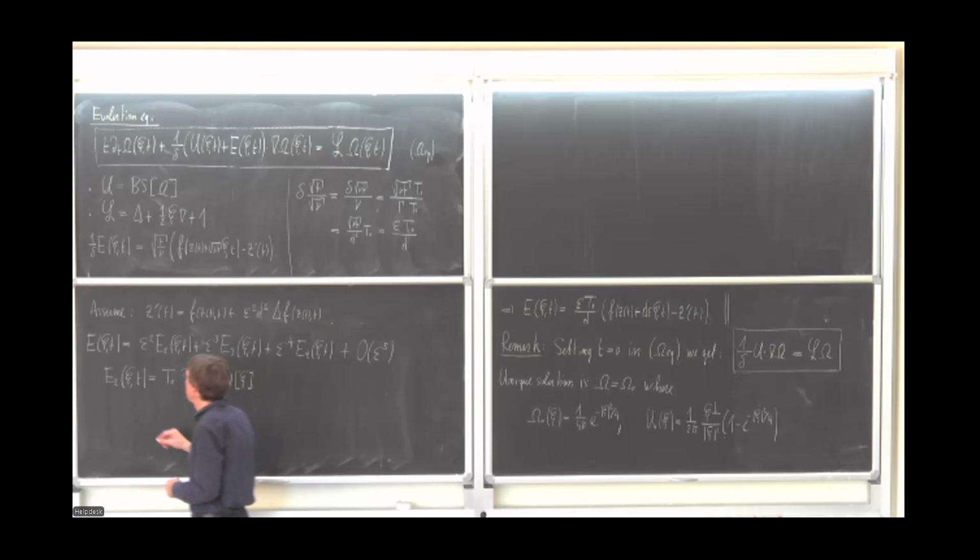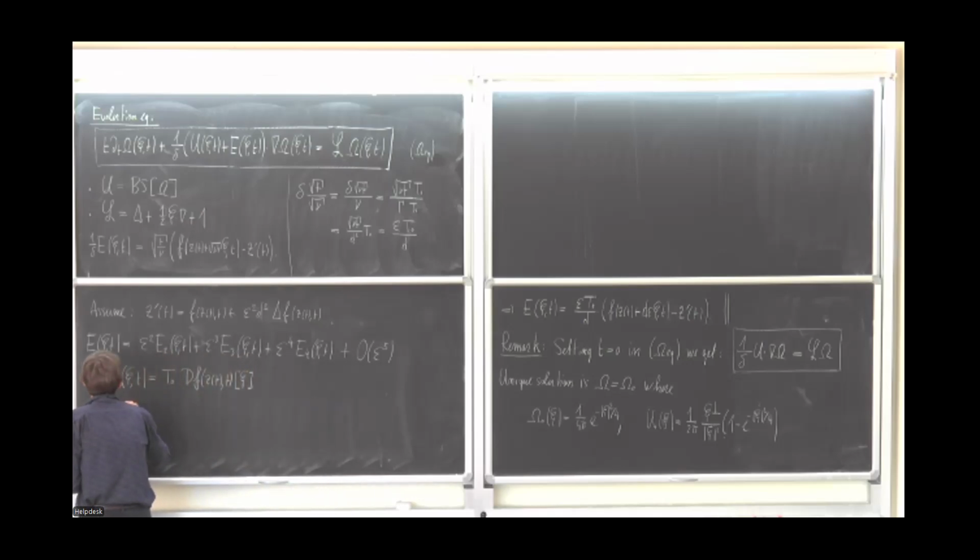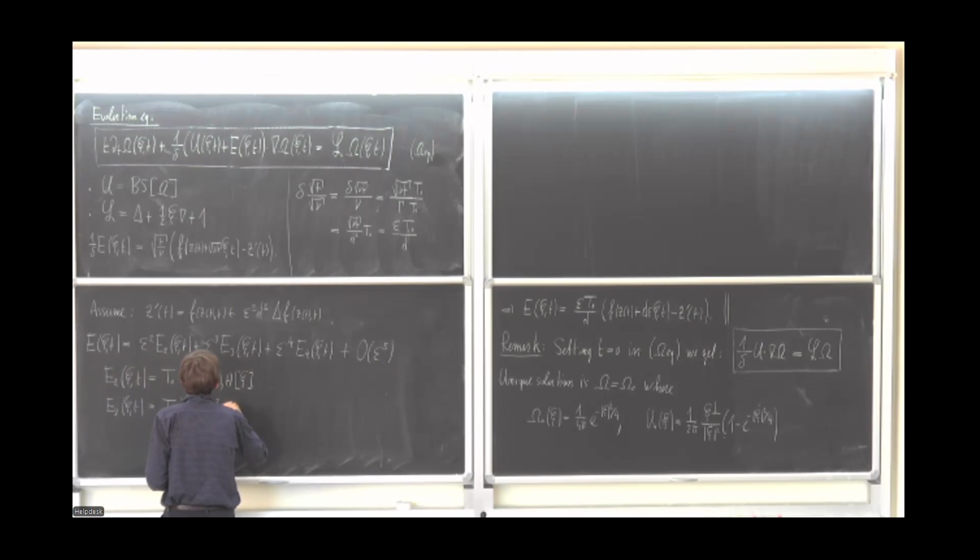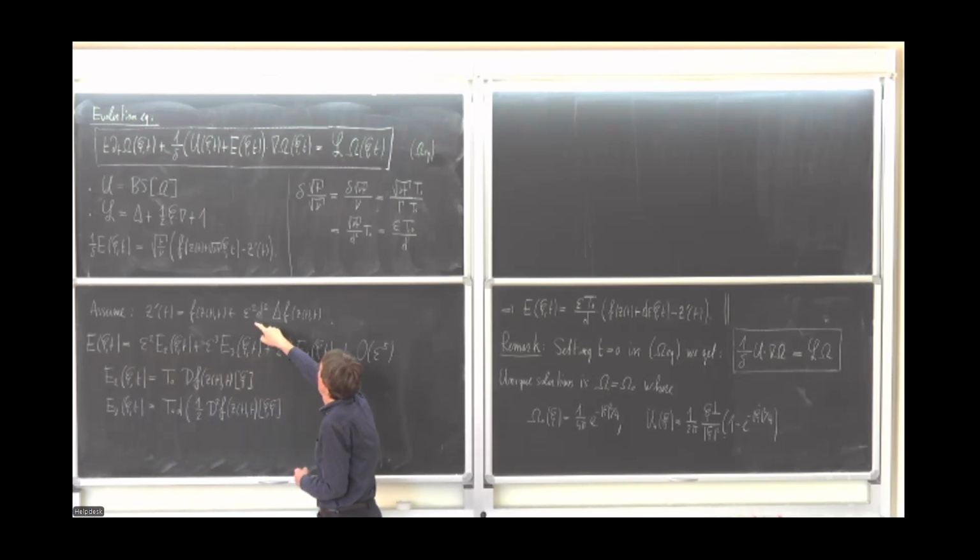What is E3? E3 of psi, t is the zeroth-order term, then you have 1/2 times the second order differential of f at z of t acting on psi, so the corresponding quadratic form. And then I have this contribution here, which also makes a contribution at this order, which is minus the fraction of f at 0.